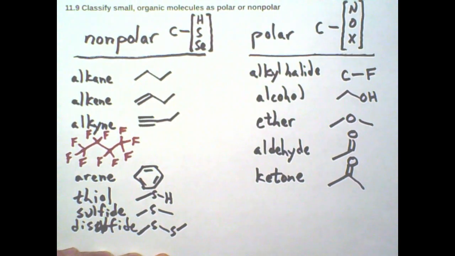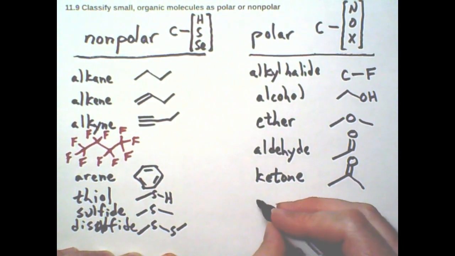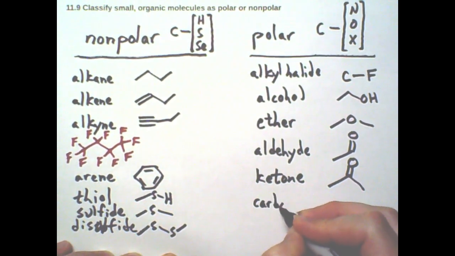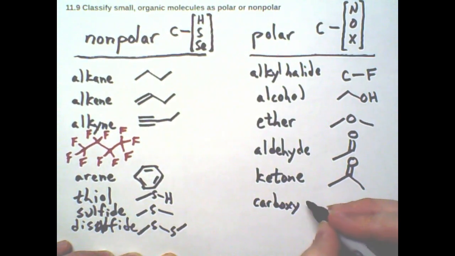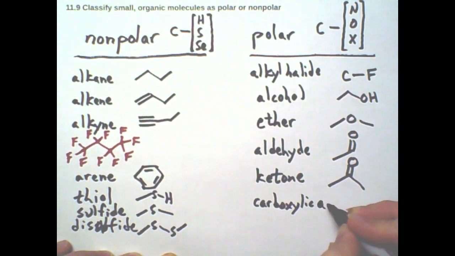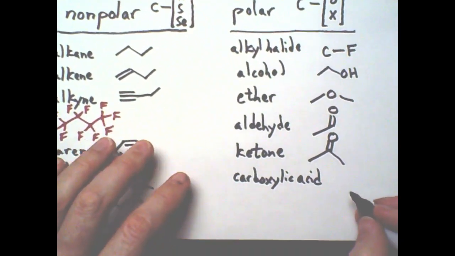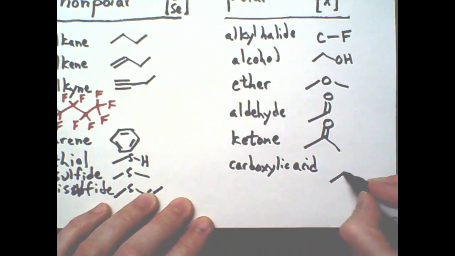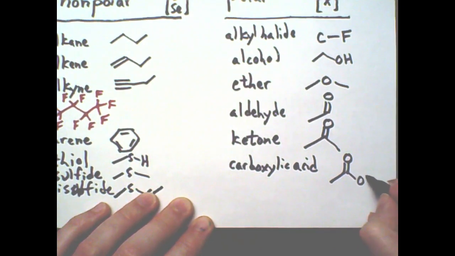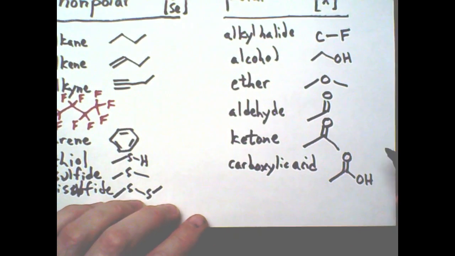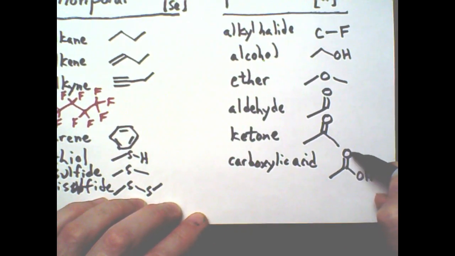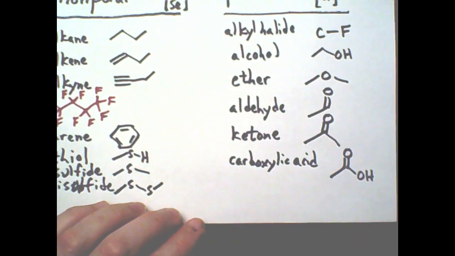Let's move on to carboxylic acids. Just drawing acetic acid here. You can see the O's are going to be quite negative, the H a bit positive, the C here a bit positive, so it's a polar molecule.